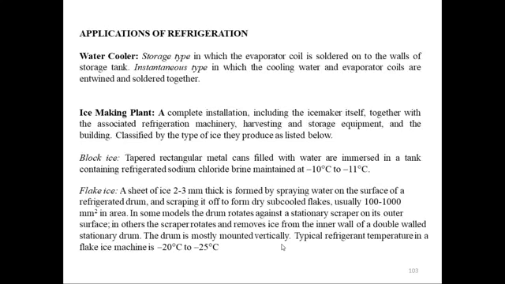So this is another type of ice. As I said, it could be in a flake, or it could be just a small cylindrical shape of ice, which is used in drinks or in other applications. Sometimes it is used for freezing products also.